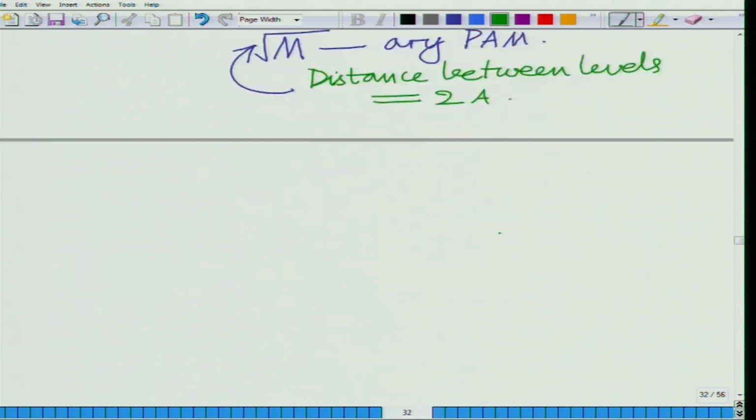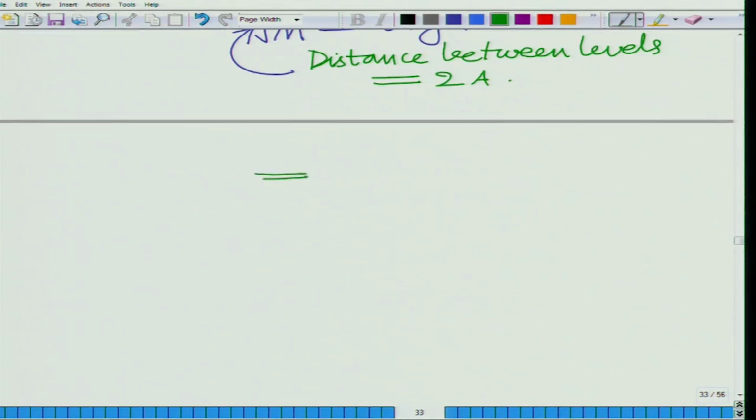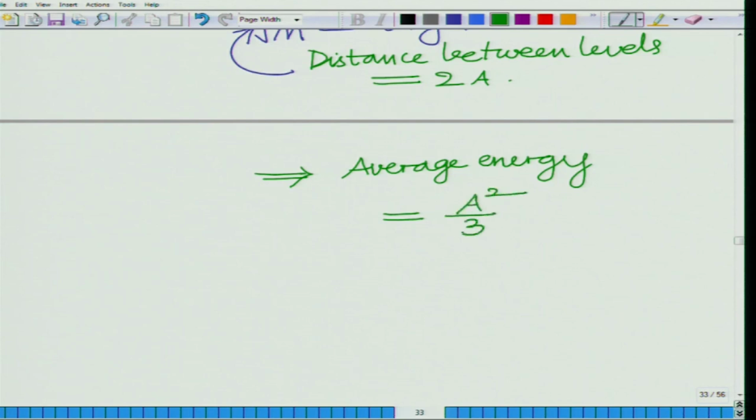Which means average energy equals a square by 3 times (square root of M square minus 1).